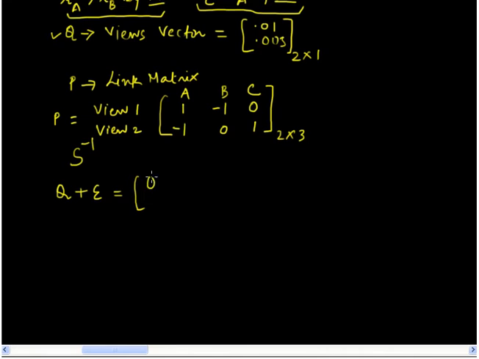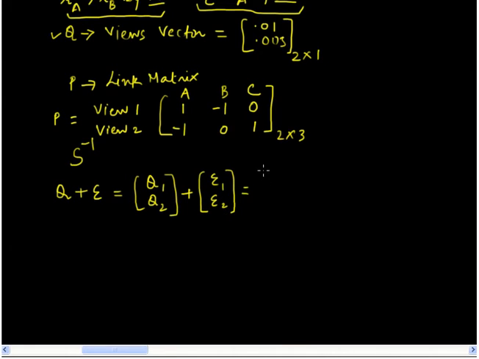We have two views, so we have an element Q1 in that vector and an element Q2 in that vector, and both of them have some error term because of the uncertainty. We are not fully sure about our views. It's just an opinion.